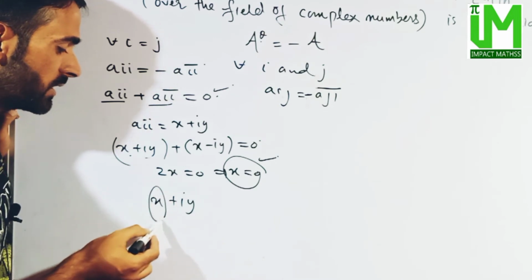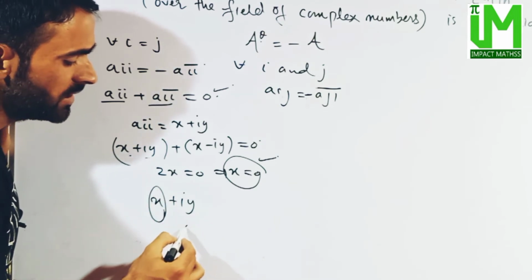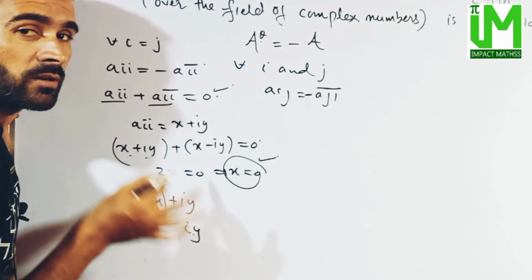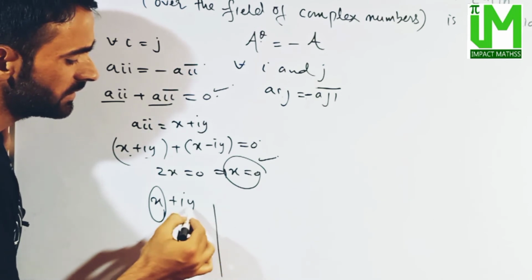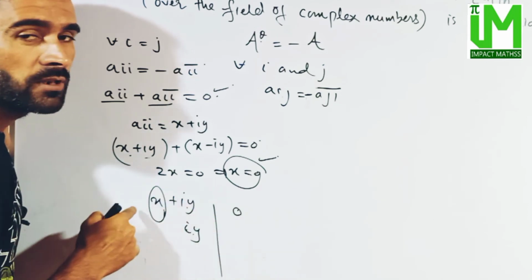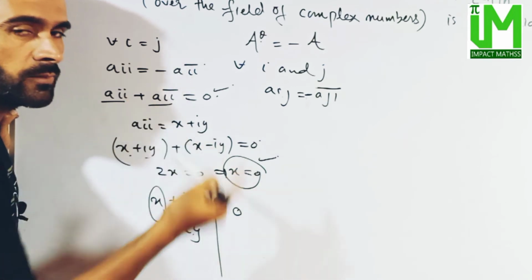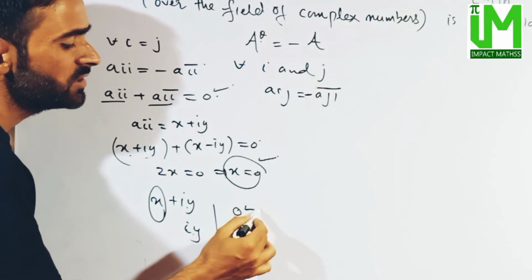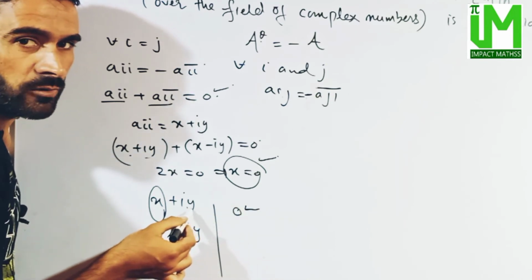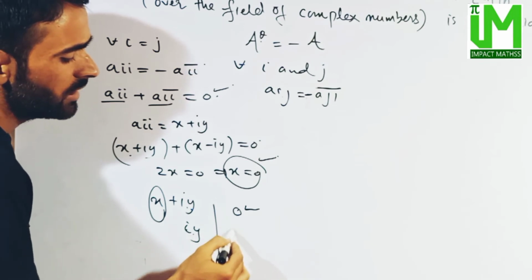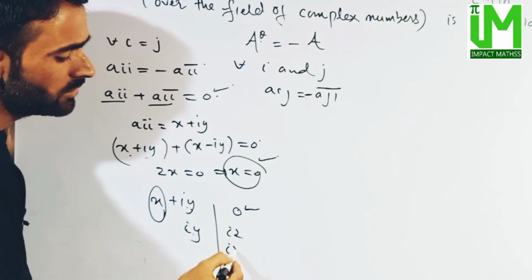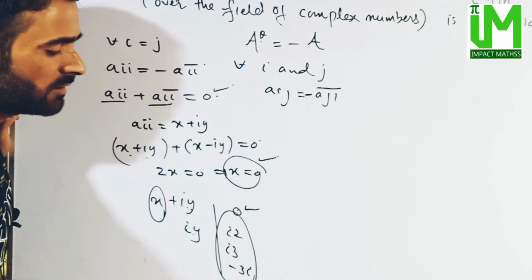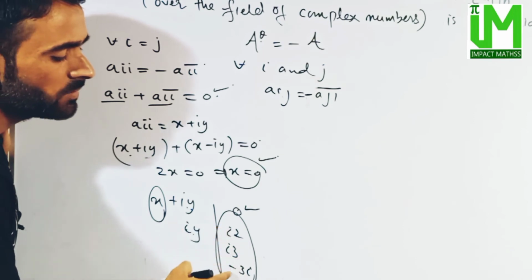अब अगर ये रियल पार्ट 0 के बराबर हुआ, that means will be only left with iota y। अब iota y में y का वैल्यू कभी कभार 0 भी हो सकता है, इन दैट केस it will be 0, so this whole thing will turn out to be 0, यानी ये कॉम्प्लेक्स नंबर पूरा ही 0 होगा क्योंकि रियल पार्ट भी 0 है और इमेजिनरी पार्ट भी 0 हुआ। अब अगर ये y का वैल्यू 0 नहीं है, इन दैट केस ये होगा सपोज iota 2 या iota 3 या minus 3 iota, so in all of these cases where y is not equal to 0, this will be a pure imaginary number.